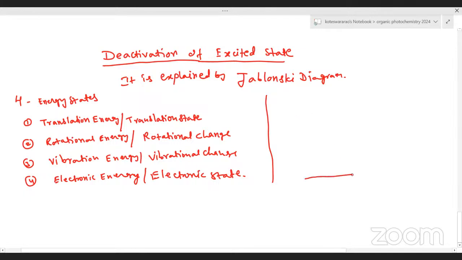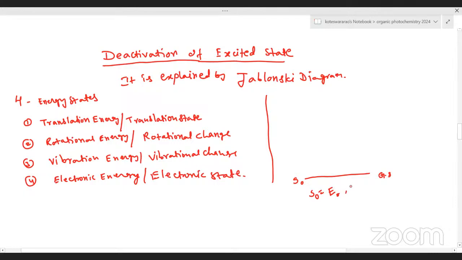This is the ground state. When you take any object, any molecule, any atom, if it is in the ground state, this ground state can be represented with S naught. Okay. This S naught is equal to E naught, that is, E naught is the ground state electronic state.